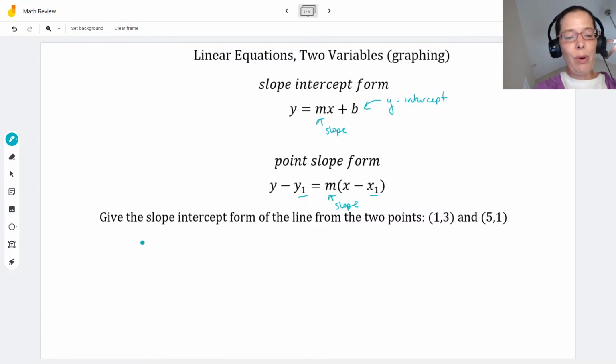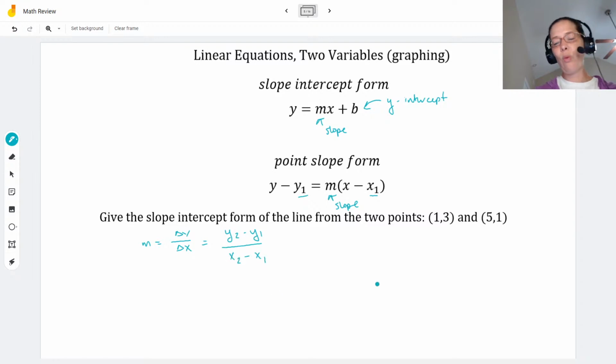And if you remember, my slope is simply my change in y over my change in x, or you can think of this as, say, y2 minus y1 over x2 minus x1. Now, the most common mistake I see when calculating slope, or when you have 2 points, is not keeping track of which one is x1 and y1 and which one is x2 and y2.